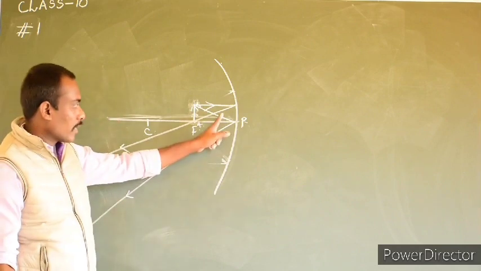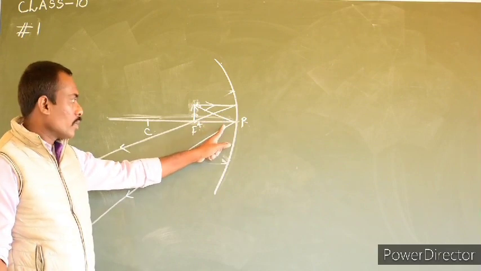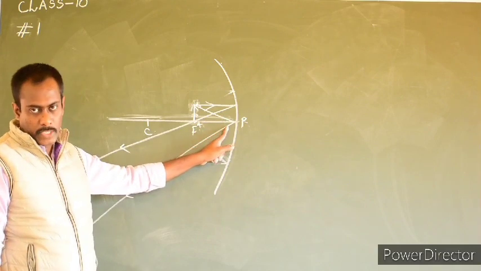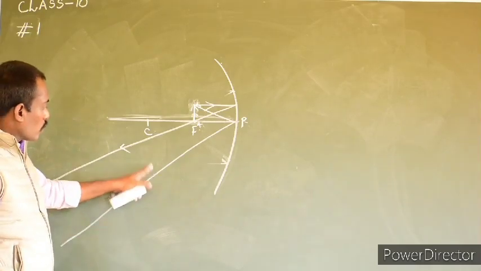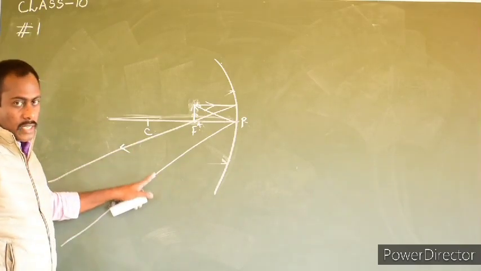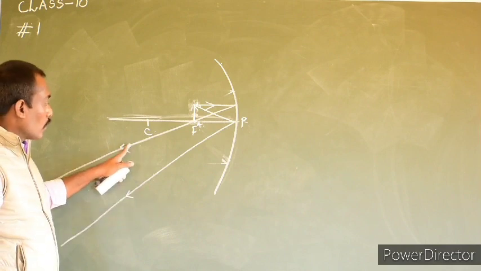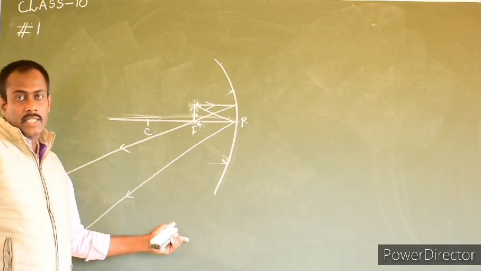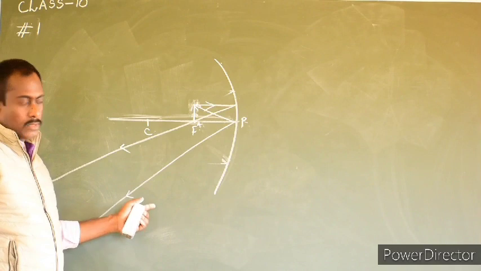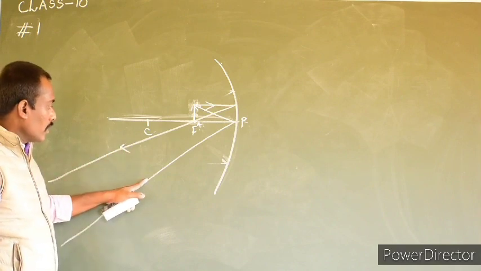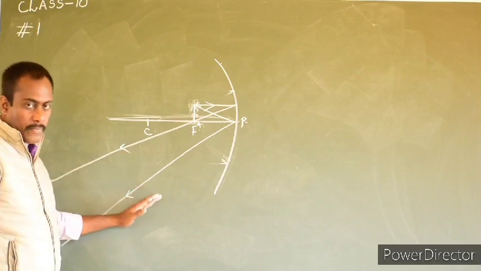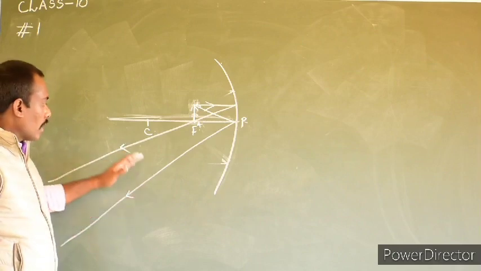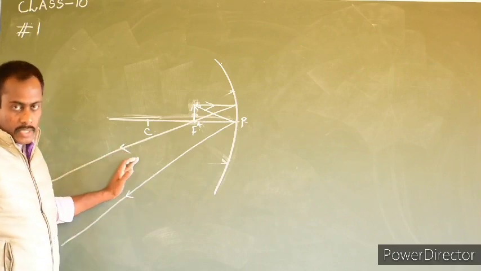What is the law of reflection? Angle of incidence is always equal to angle of reflection. Now here you see these two reflected rays no longer intersect at any point. These two reflected rays are not even parallel. They are going in two different directions and they diverge from each other.